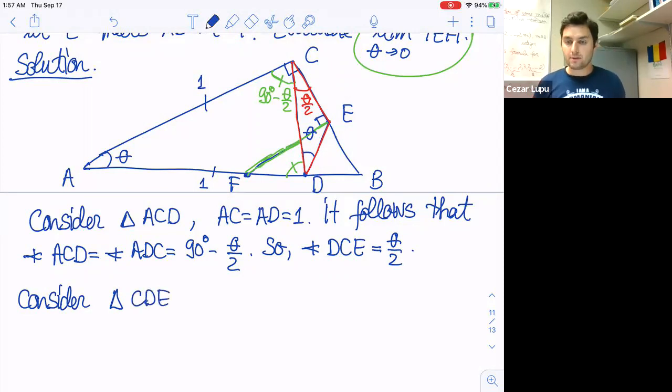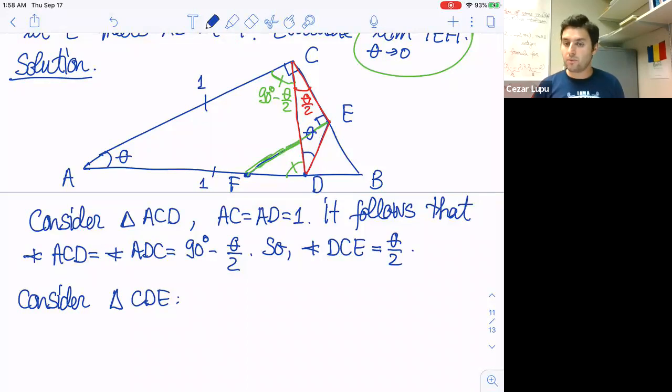I'm looking at this triangle right now. And what do we know? We know two of the angles, and maybe we can get some information about the ratio of the side lengths of this triangle. Can we do that?